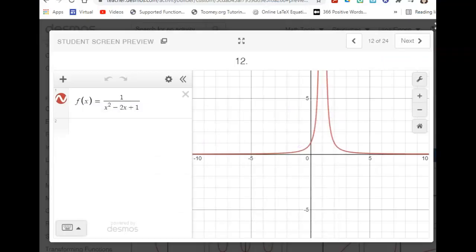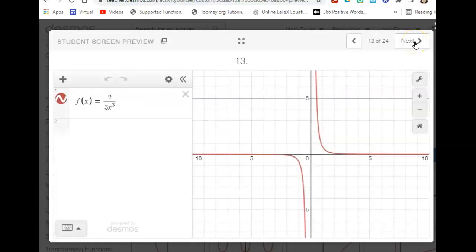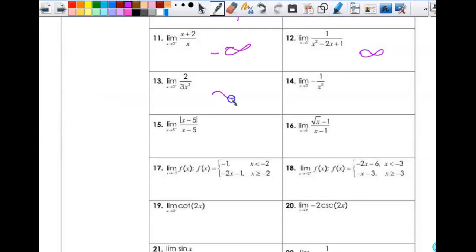All right, so what do you think about 13? The limit as x approaches 0 from the right. Then y is approaching infinity.